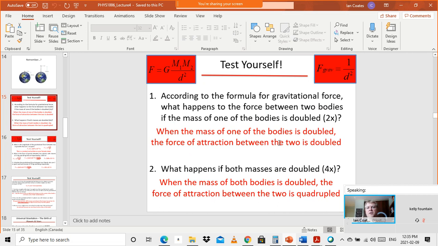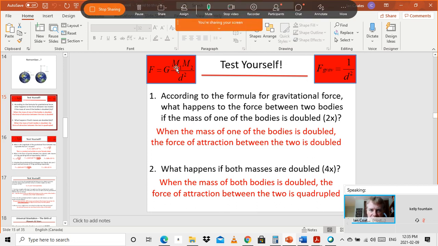According to the formula for gravitational force, what happens to the force between 2 bodies if the mass of one of the bodies is doubled? Well, have a look here. Let's say we just double the mass of M1. What's going to happen to this number? There's your numerator, there's your denominator of the fraction.